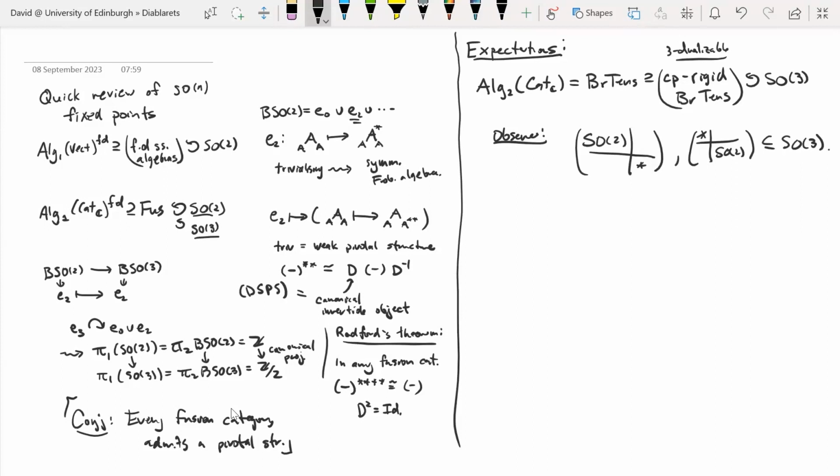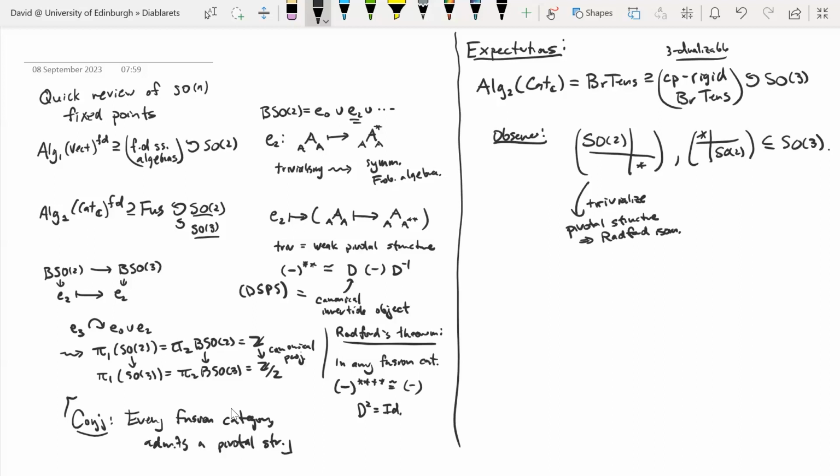So when we trivialize this action, let's say that's the one where we lean on the algebra structure, what we get is a pivotal structure. And we get a Radford isomorphism, not because we're using the finiteness now.